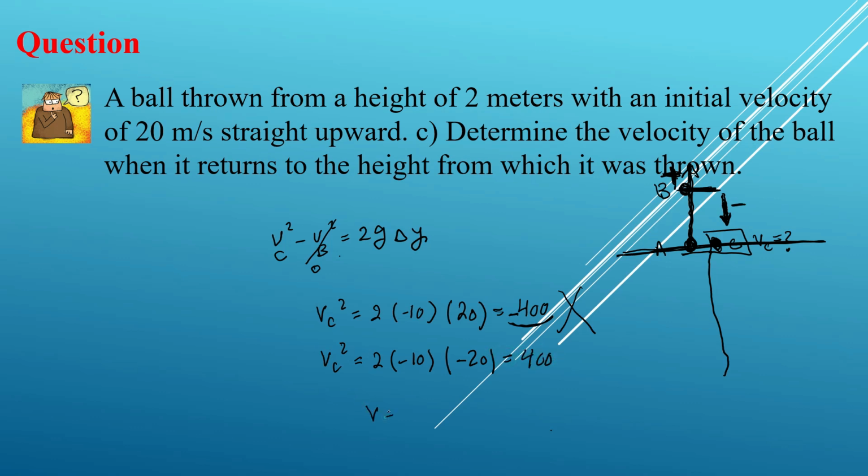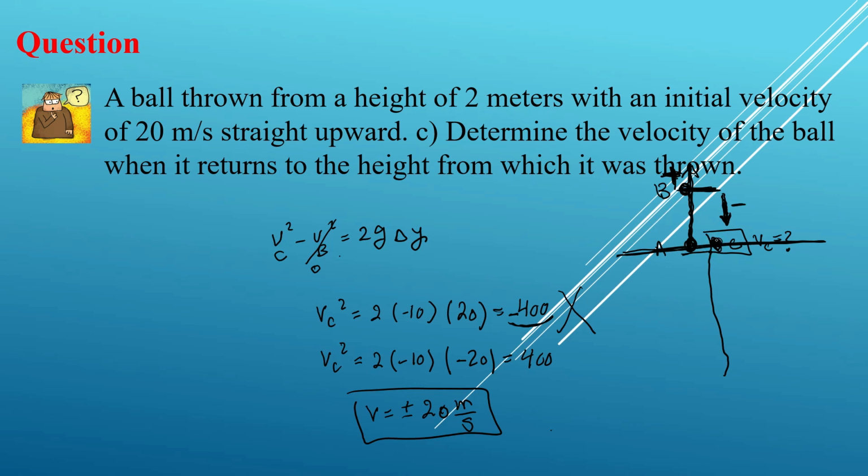Now my v is equal to positive and minus 20 meters per second, right? So now let's think about it. V can be positive or negative. Which one is right, right? Again, let's look at this origin. I have the positive direction upward, right?